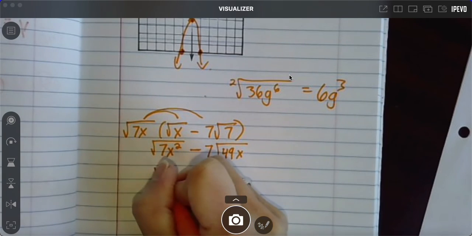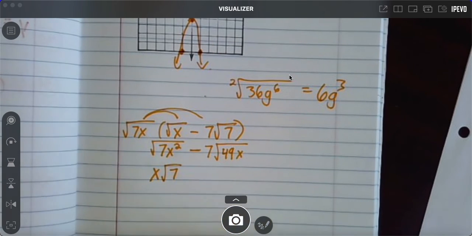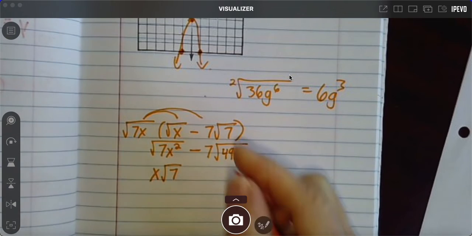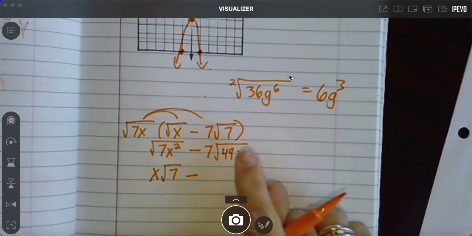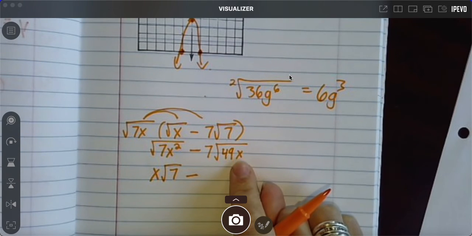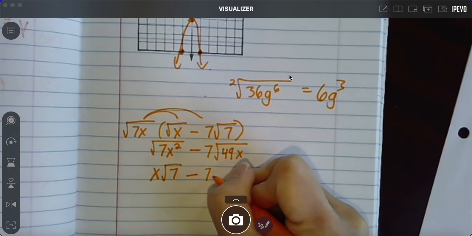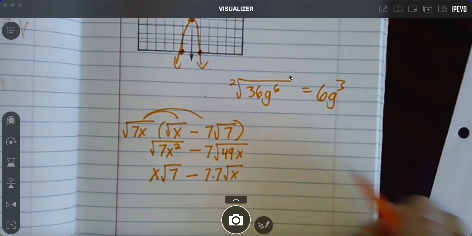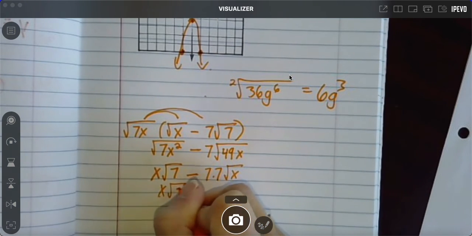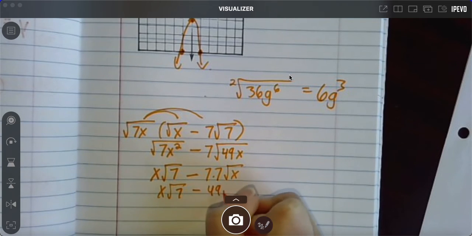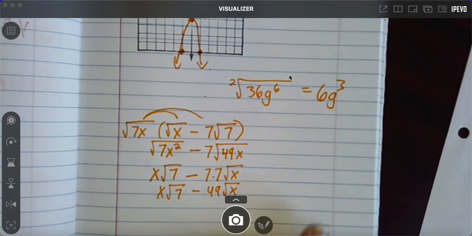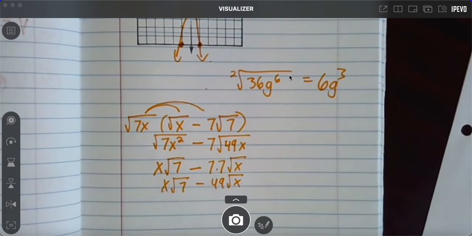X. So I have an x and a square root of 7 minus, what can I do with the square root of 49? So I have 7 times 7 square root of x. So if I rewrite it, that one's multiple choice. That's your answer, but make sure you understand it.